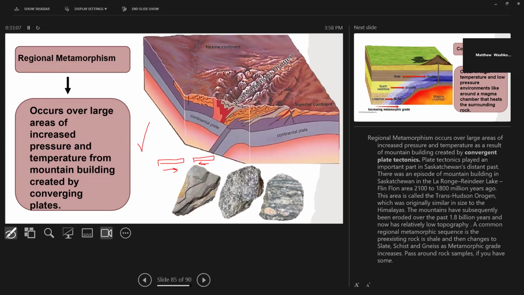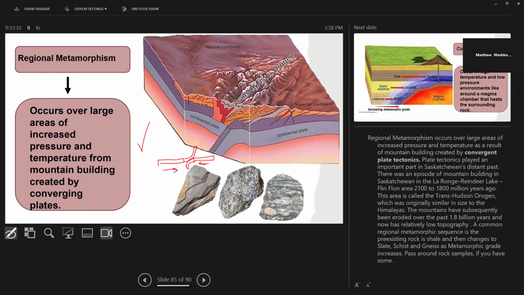So they eventually crash together. One goes up, creates mountain ranges. The other one goes down into the Earth. So this is regional metamorphism. Because it's doing this, it's creating more pressure. More pressure also equals more temperature. So you want to write that down.